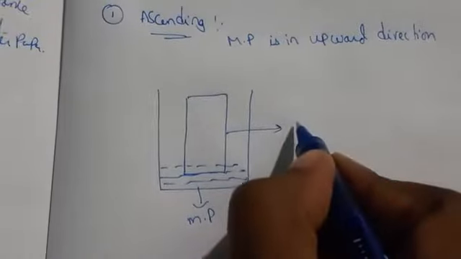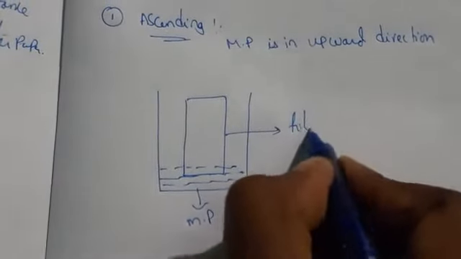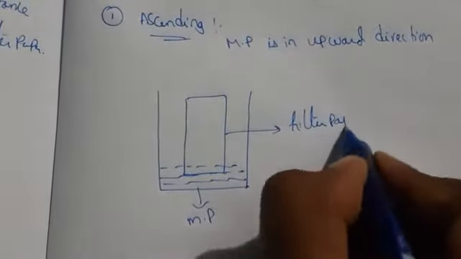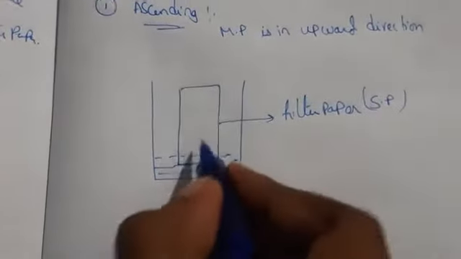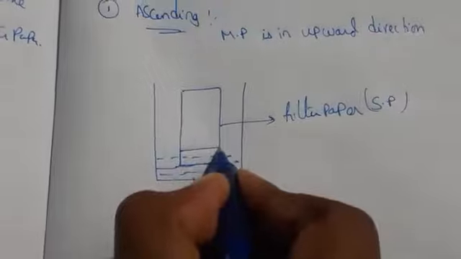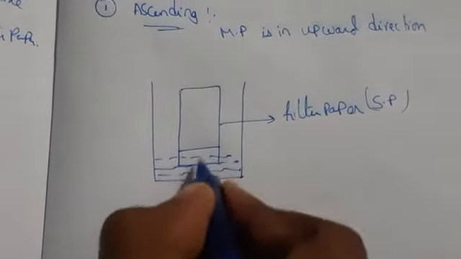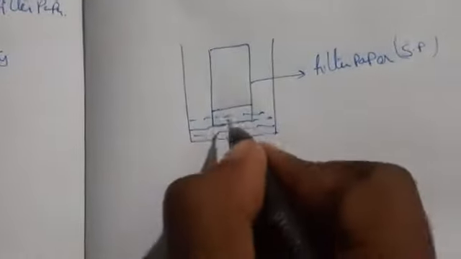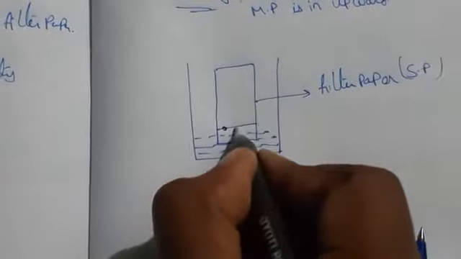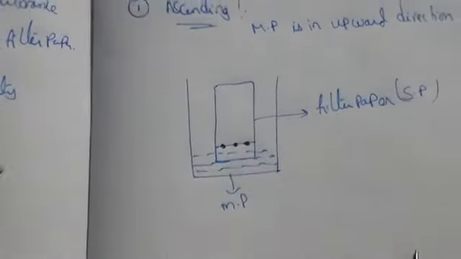This is a filter paper, which acts as the stationary phase. On this filter paper I have taken a baseline and I am spotting the sample here.